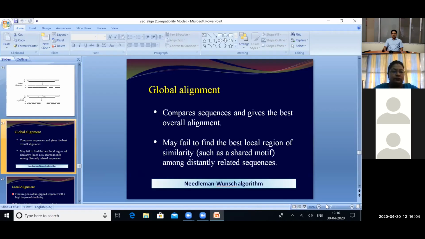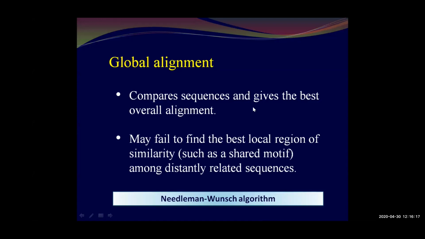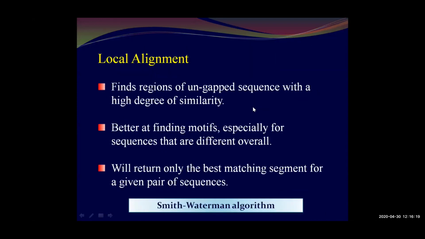Then as I told you, in case of global alignment, we go for the Needleman-Wunsch algorithm. While in case of local alignment, when we find the regions of similarity or segmental similarity between sequences, we follow another process called the Smith-Waterman algorithm.